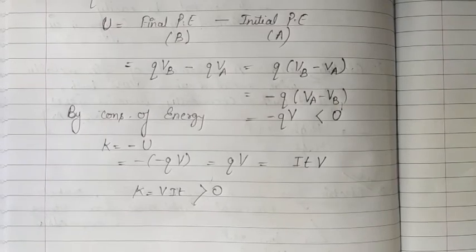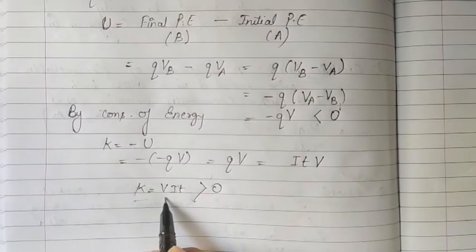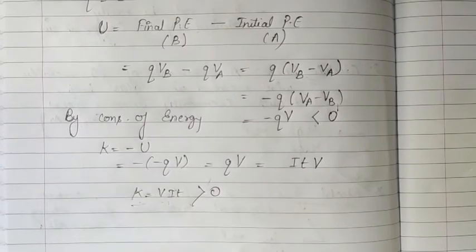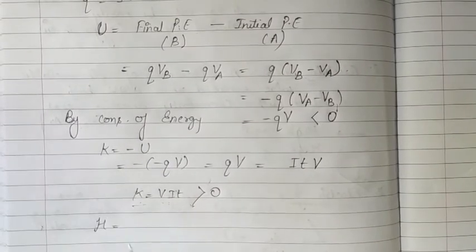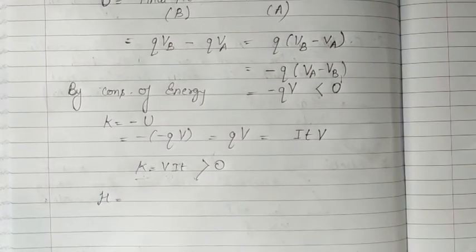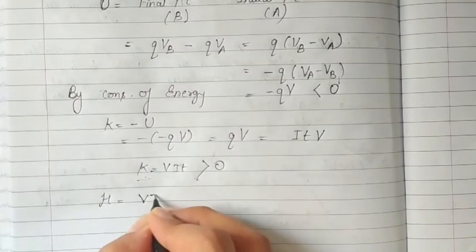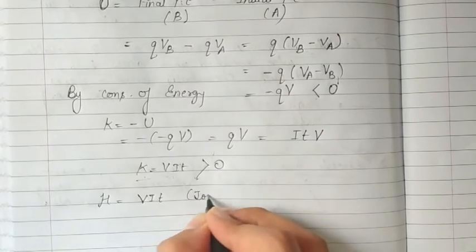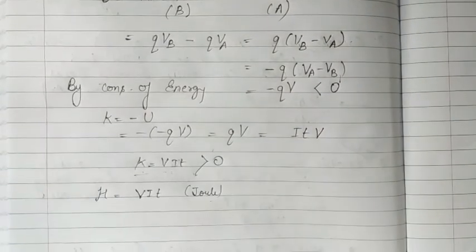So the amount of energy that is dissipated in the form of heat will be this much amount of energy, right? So this much amount of energy will be dissipated in the form of heat in the conductor in time t. So heat dissipated is VIt, this much joule. Now joule is the unit of energy.